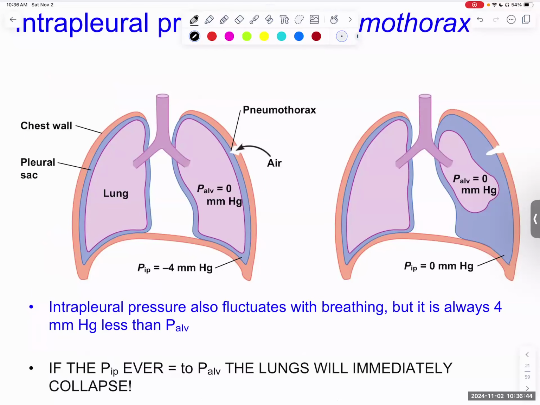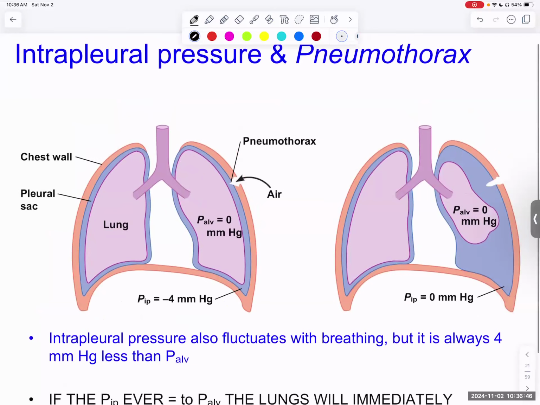This is a pneumothorax, or punctured lung. It can actually come from the inside, where there could be a hole, or from the outside. So this is showing you that the parietal pleural membrane got a hole in it.